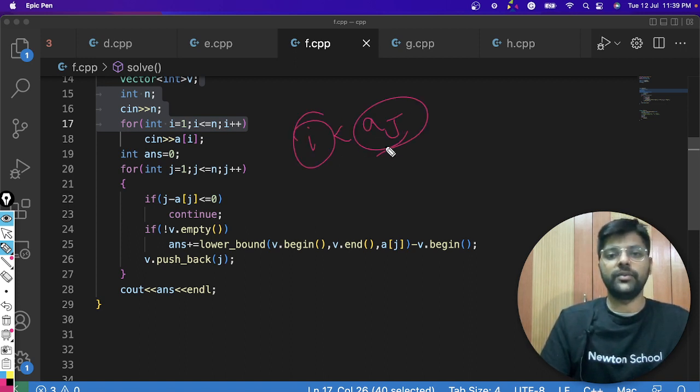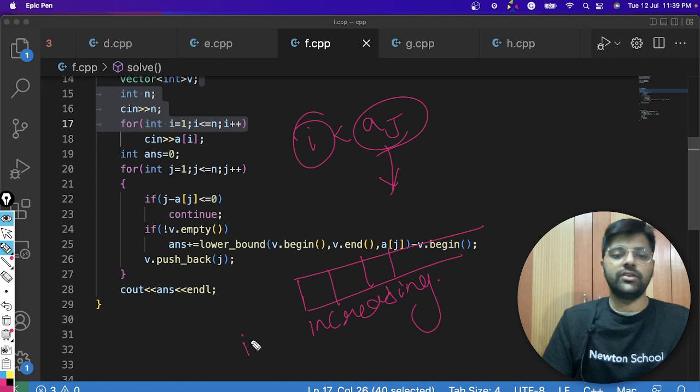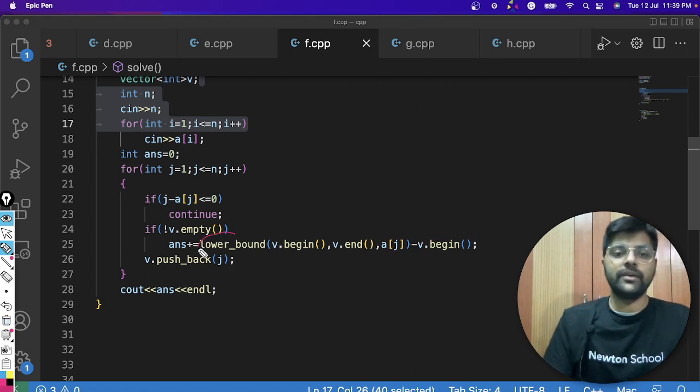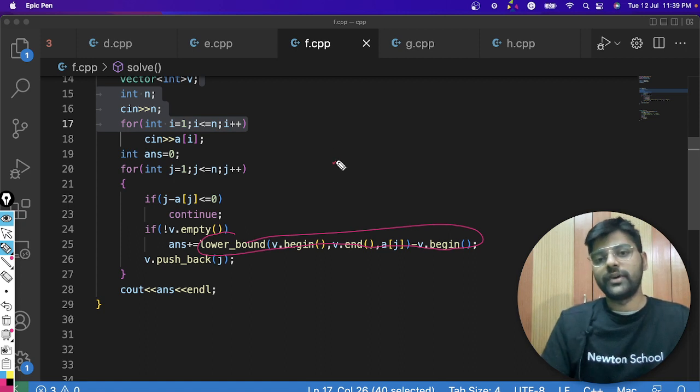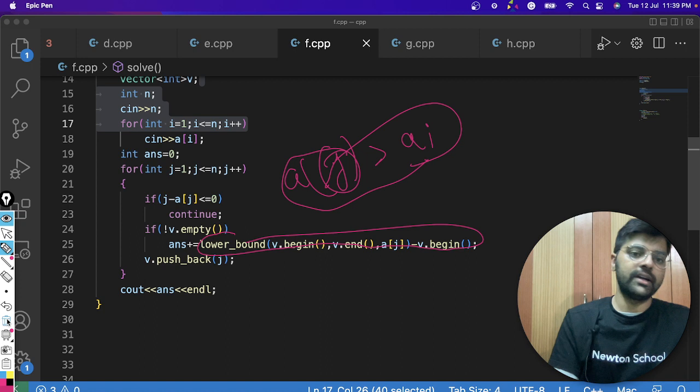We need to find how many numbers there are, and this vector that we are holding is of indexes, so it is automatically in increasing order. So we can use lower bound or upper bound. Lower bound will find me the total count of such indexes where aj is greater than i.